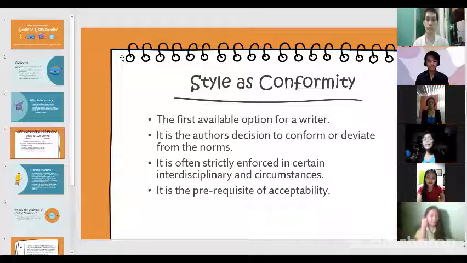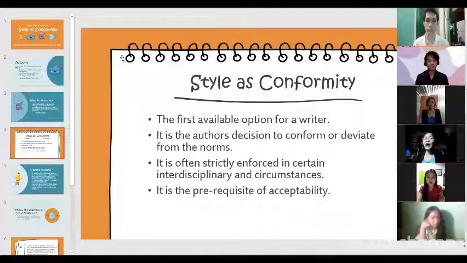It is also frequently imposed in a variety of transdisciplinary and situational contexts. It is a requirement for acceptance, and style as conformity can be seen as the first available option for a writer to express himself. This is so because virtually all possible fields that a written material can belong to have been established.